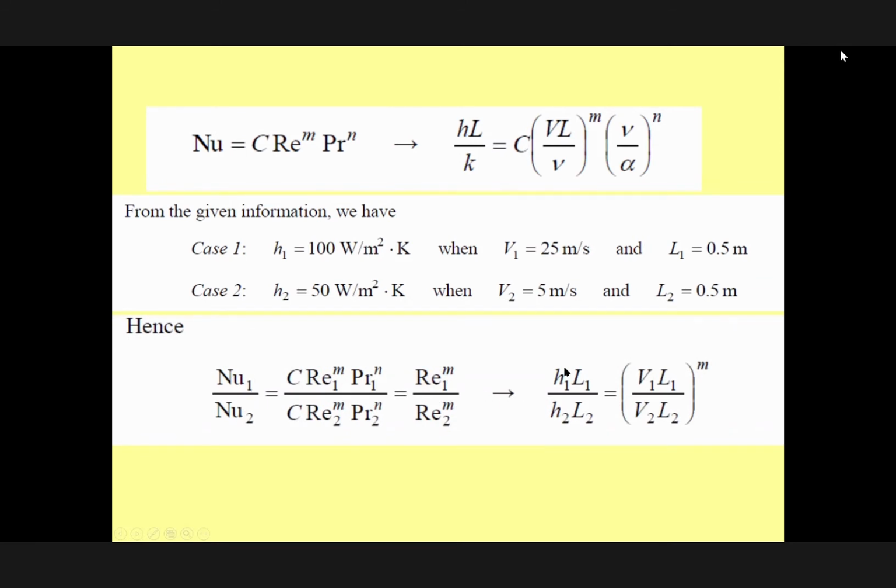If I do this, I will end up with these two equations, h1L1, k2L2, velocity. I write this expression for scenario 1, I write it for scenario 2, and I divide them. Therefore, this we can simplify to this one. Again, please do it on your paper to see if you can get the same result or not.